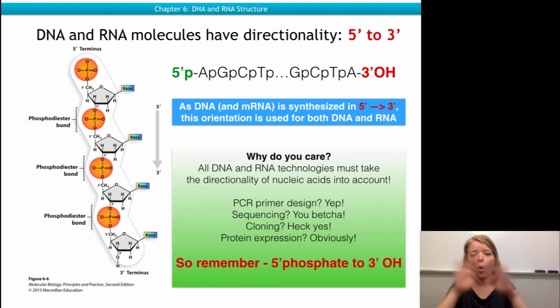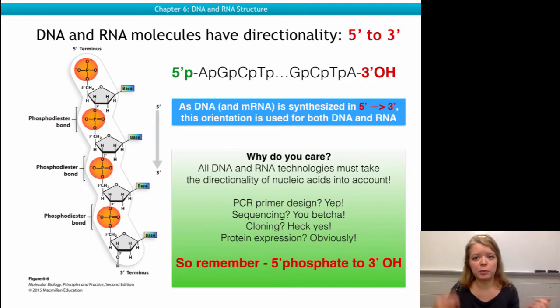because all of the technologies that you hopefully want to learn about as a molecular biologist, such as primer design, sequencing, cloning, protein expression, you name it, will rely on your understanding that a DNA molecule or an RNA molecule has directionality, and that it starts at 5' and it ends at 3', even though we count 1, 2, 3, 4, 5 the other direction.